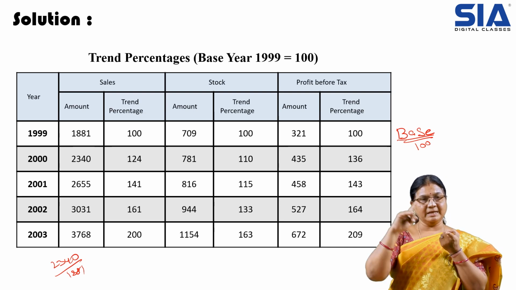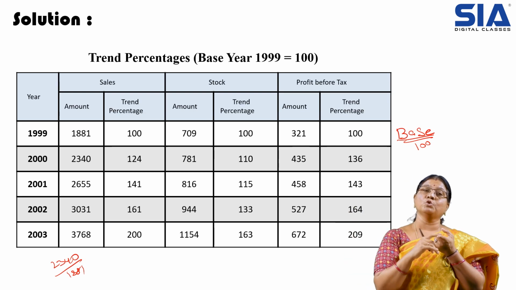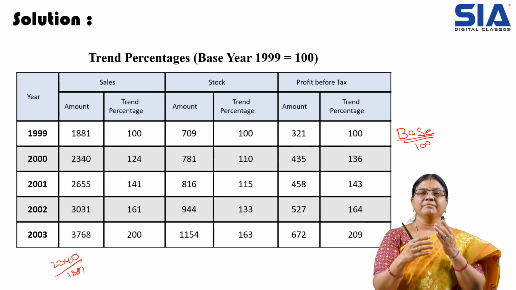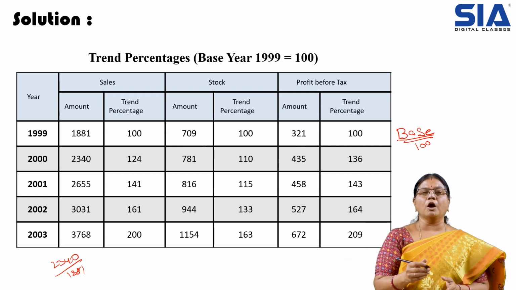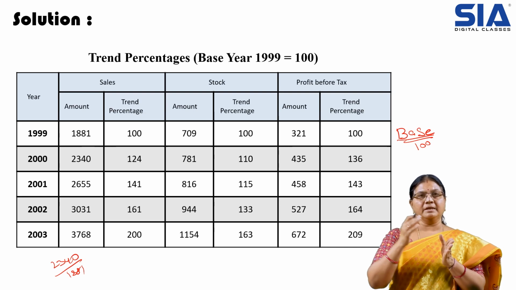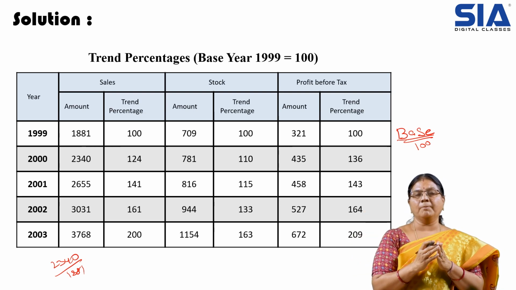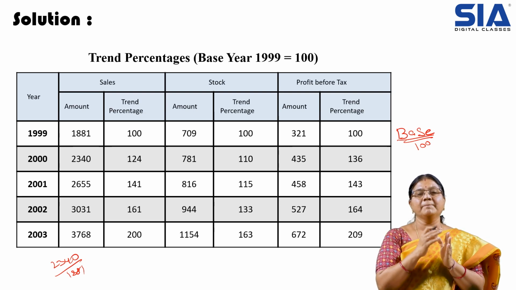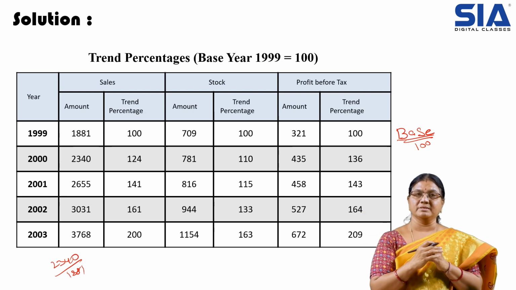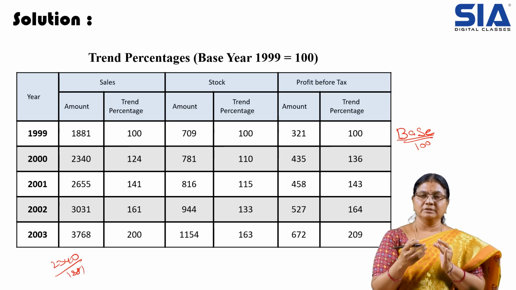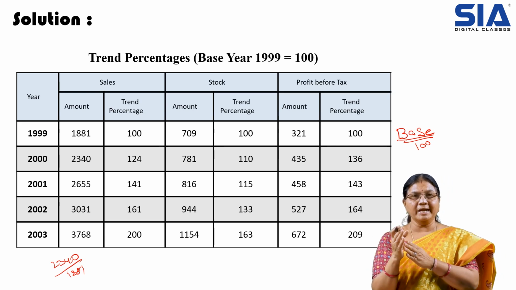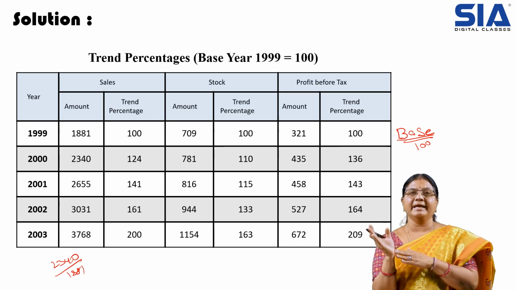From 100% it reached 200% in 5 years. It is doubled. The second one, stock, also moved from 100% to 163%. It is also in the upward direction. And coming to profits, it reached from 100% to 209%, more than double. So all three components are showing an upward direction.